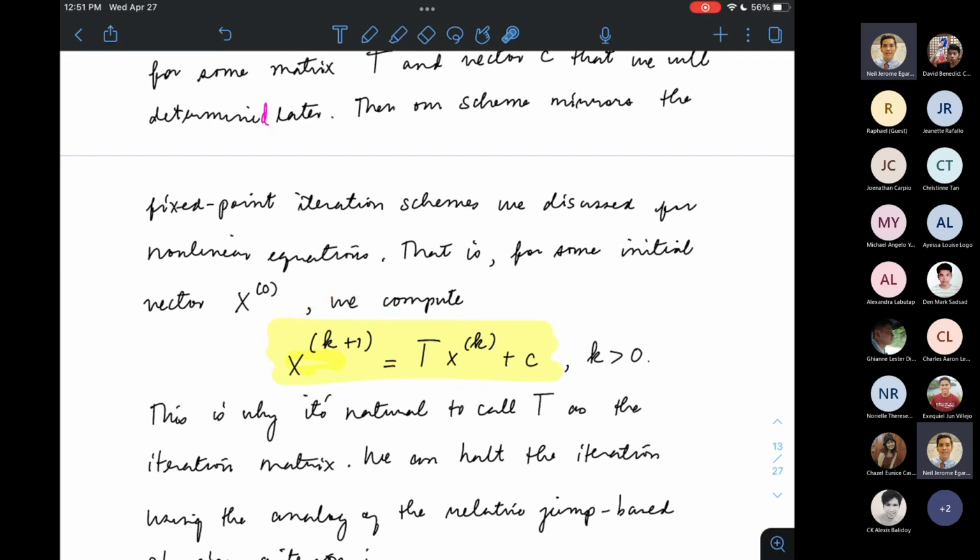And of course, here we need some initial condition. Right? So there are a few things we need to look at here. First, how do I translate Ax equals b into a fixed point problem x equals Tx plus c. Right?